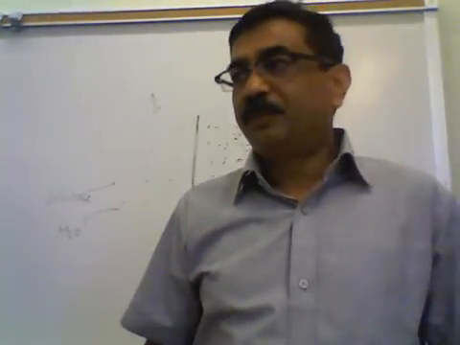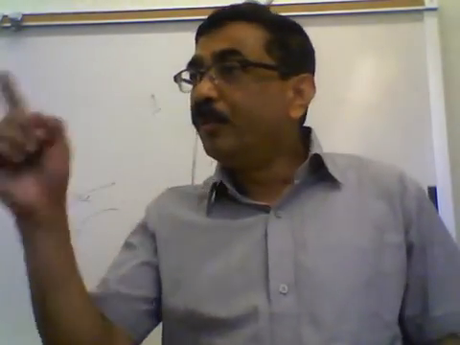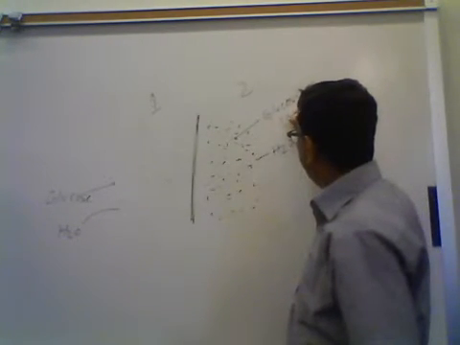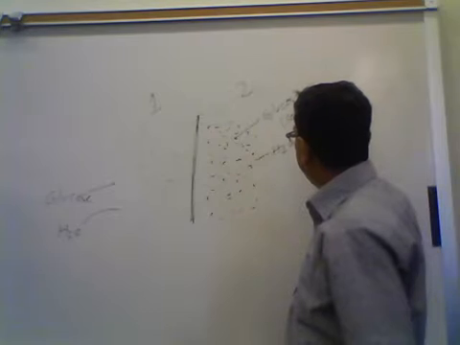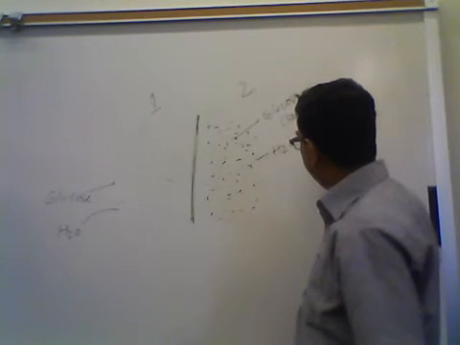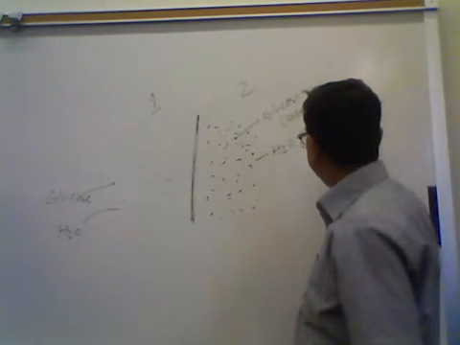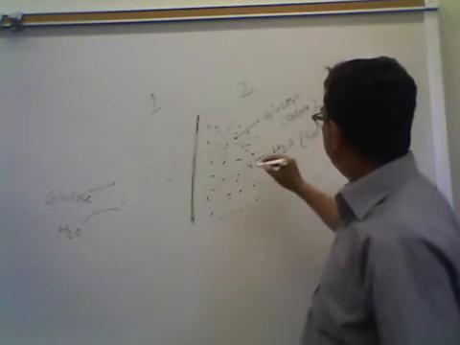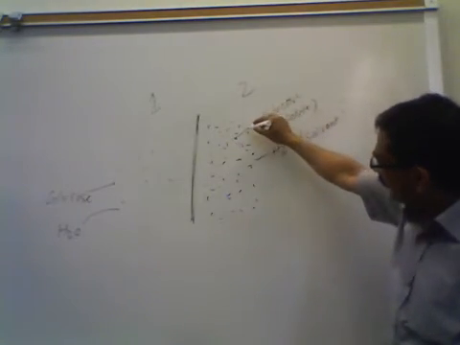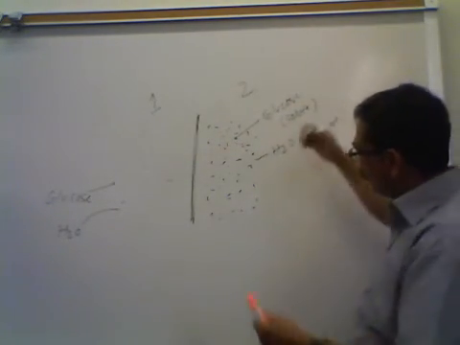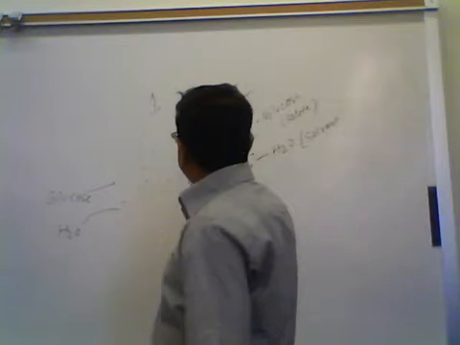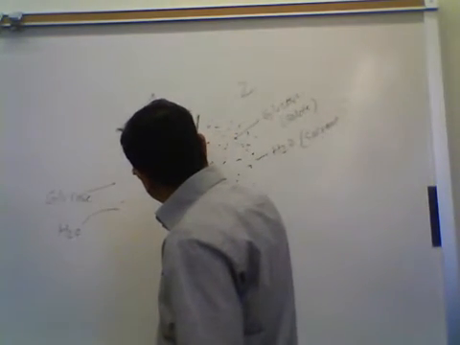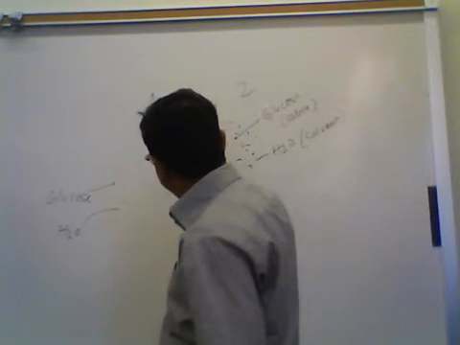Simple diffusion is the movement of the solute. Glucose is the solute here, and who is the solvent? Water. So glucose is the solute and water is always the solvent. So in this condition, glucose will move from high to low.